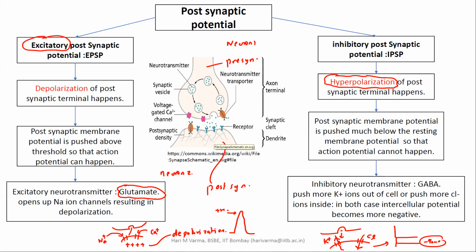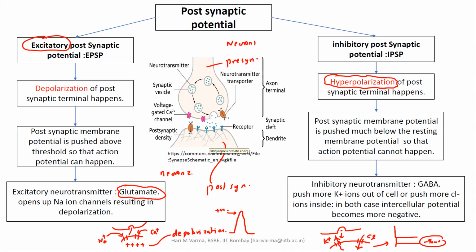Or this receptor can also cause chloride ions to go from outside to inside. When chloride ions move from outside to inside, because they are negative ions, it also decreases the potential of the cell. So it is minus 90 millivolts, but this process can take it to minus 95 millivolts, for example. It becomes more negative than the resting membrane potential. So if you want to depolarize it again, you need more and more sodium ions, right?